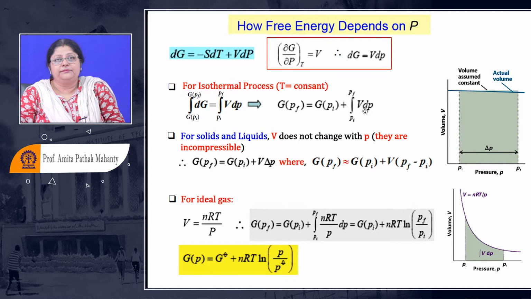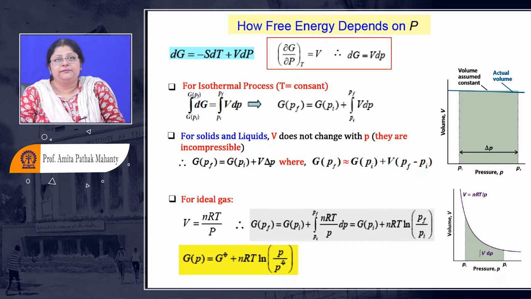Now, if you are doing it for a gas, you do the calculation and, if you are using an equation of state, then you can find out the expression for V and differentiate with respect to pressure. But for a solid or a liquid, what happens? The volume change is going to be very small with a small change in pressure.